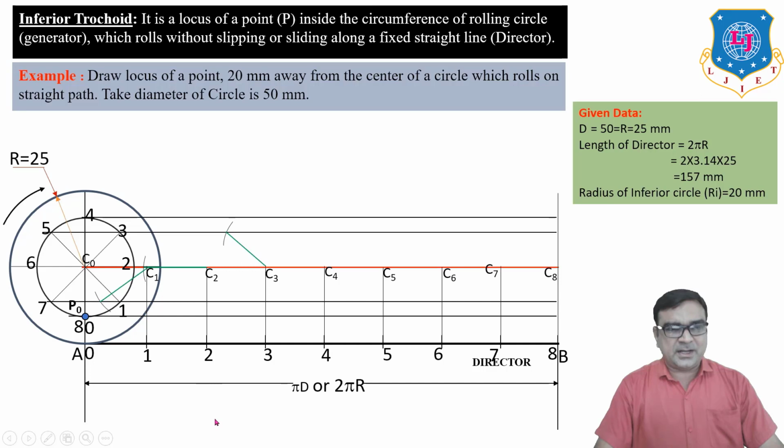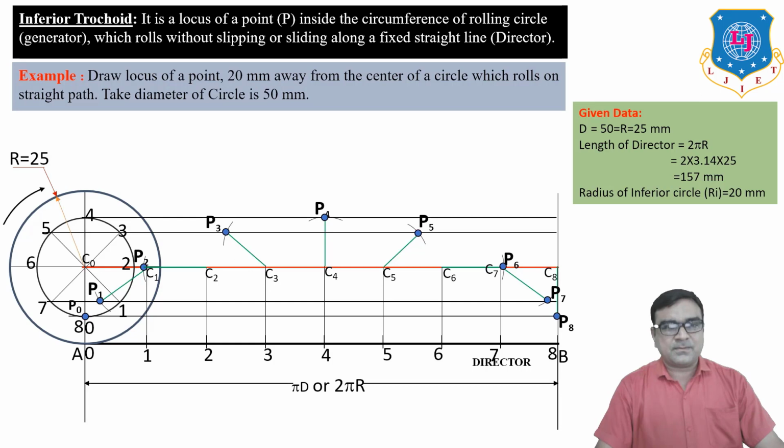C3 center, 20 mm radius, arc on line 3, and likewise for lines 4, 5, 6, 7 and the last, 8. Mark all the points of intersection and trace the curve passing through all the points P0, P1, P2 up to P8. This curve is known as the inferior trochoid.